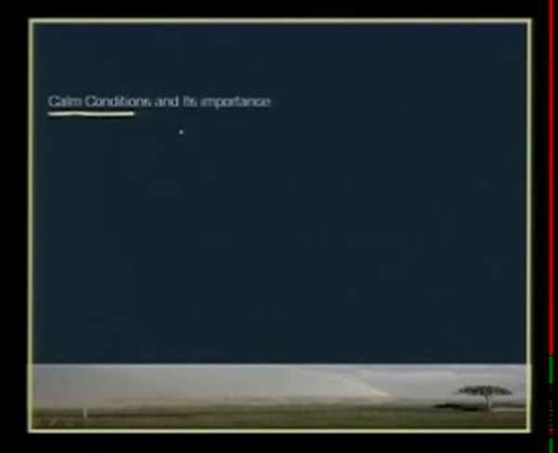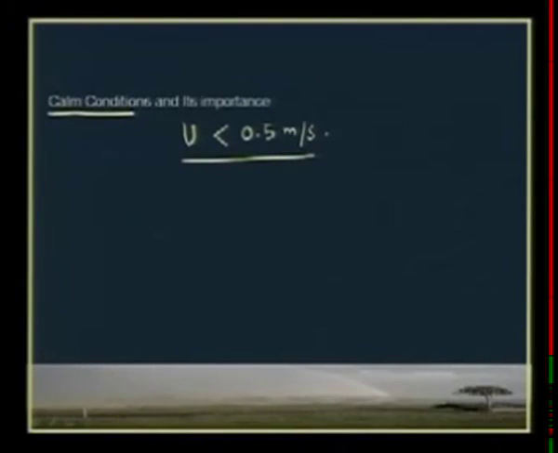Calm conditions are there when the wind speed, which I am representing as u, is less than 0.5 meters per second, that we call the calm conditions. It means wind is blowing, but it is very calm because the wind speed is very, very low. Not that we can't measure the low wind speed, but it is a matter of convention, and there is a reason why we want to call a wind speed less than 0.5 meters per second a calm wind speed or the calm conditions.